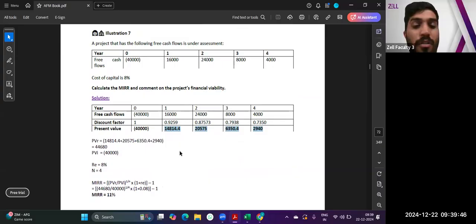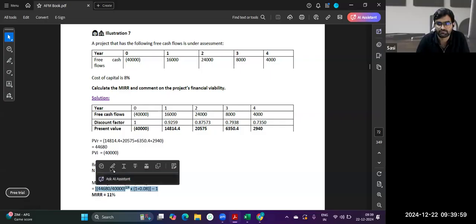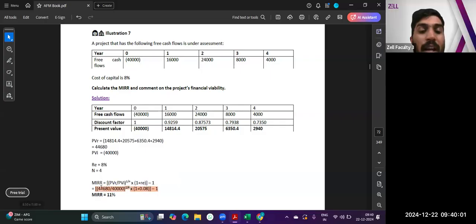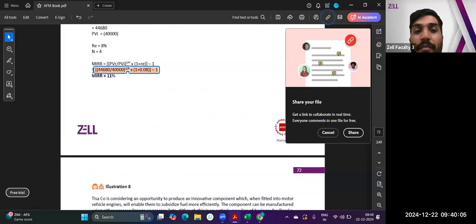Anyone who's struggling to solve this on Excel? No, sir. Can you see, sir, the line that I've highlighted right now? Okay.